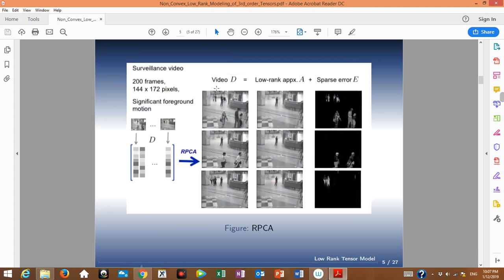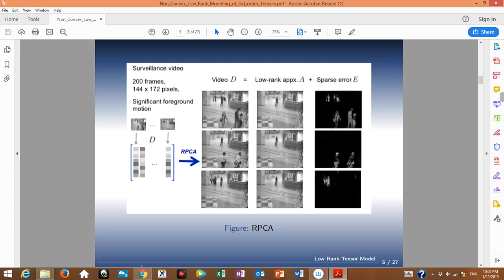For example, look at this video sequence. In the mall, there are several cameras, and the cameras recorded images of the background and the people moving around.